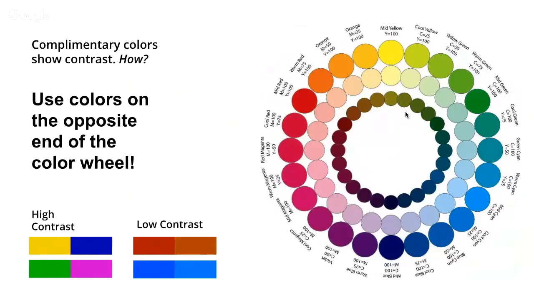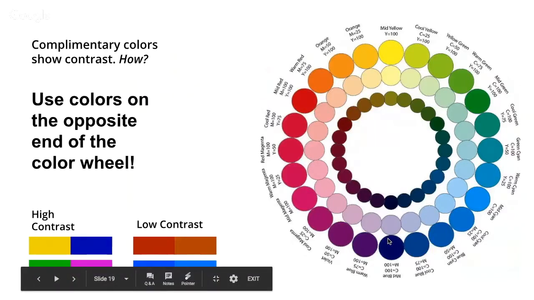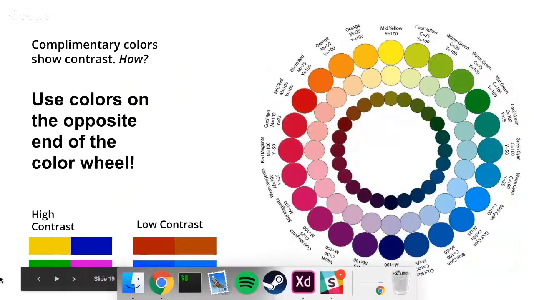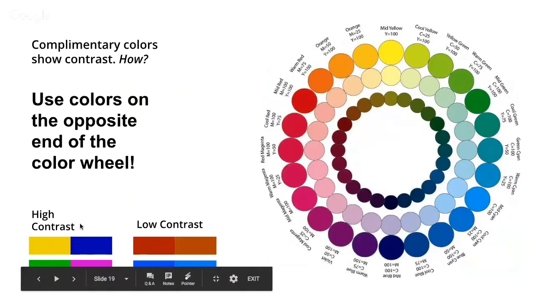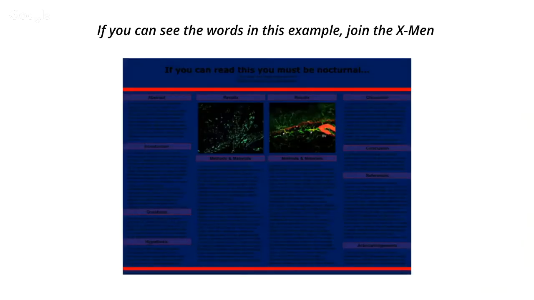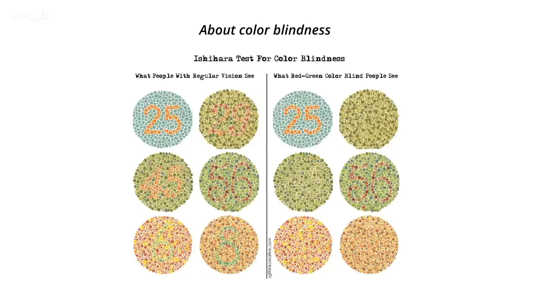From this wheel itself, I can see that mid yellow's contrast is mid blue. This is very useful. And Leslie has put down some concepts of high contrast versus low contrast, which is written down here. If you don't abide to the contrast, you will get something like this, which is not very desirable.